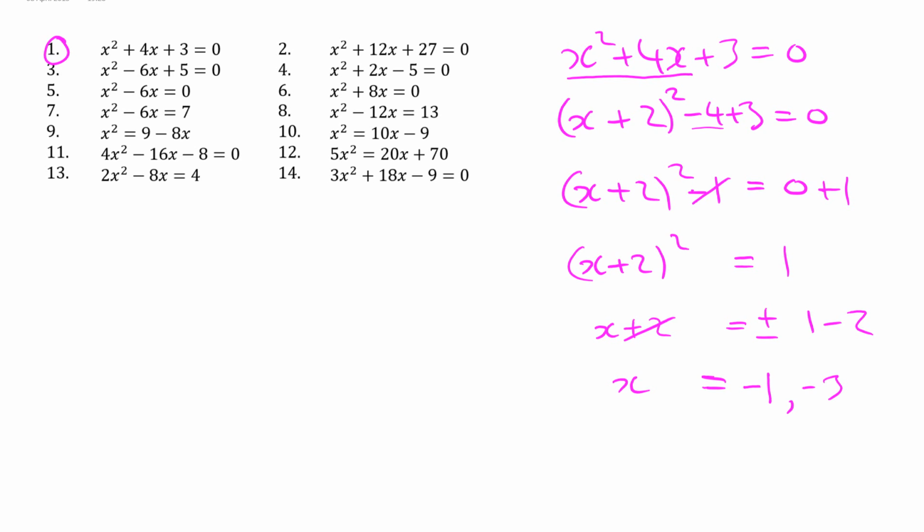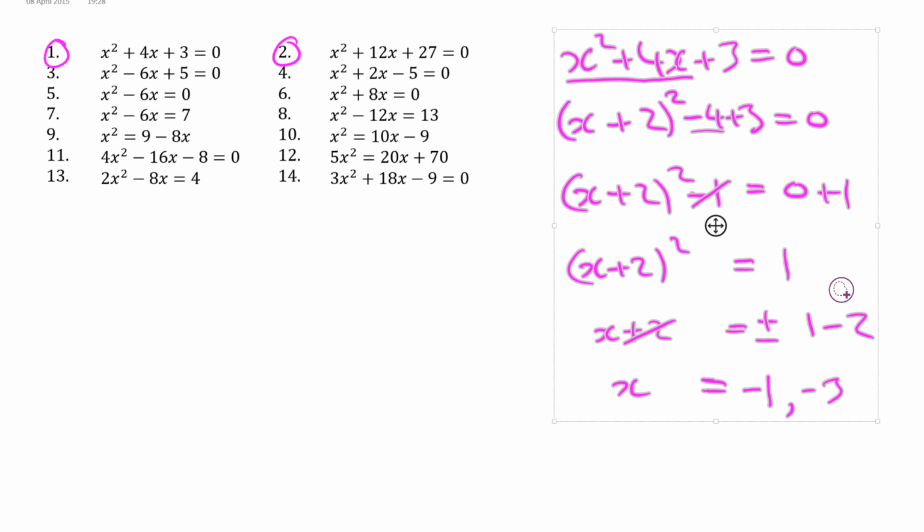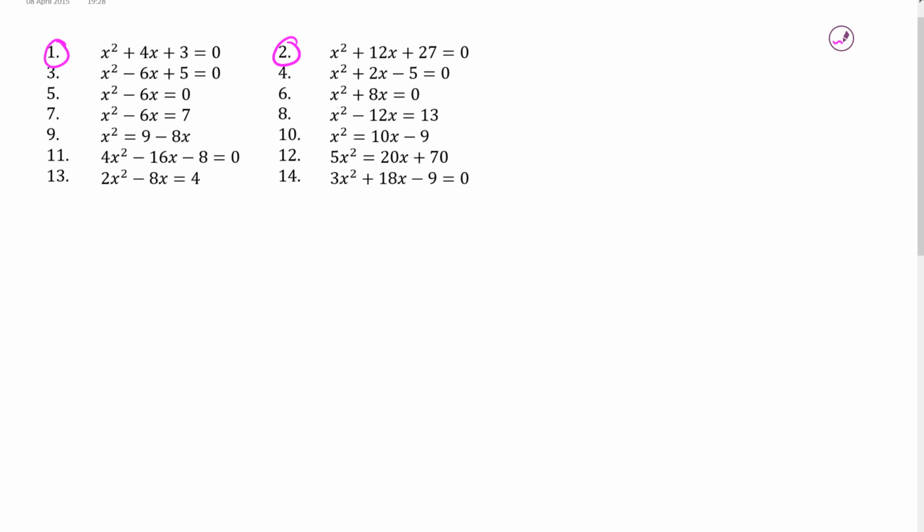Might as well do another one. So question 2. Should I do it myself or would you need to get them? Since you asked, let's do it together. Let's do it on the spot. So I'll write the question down: x squared plus 12x plus 27 equals 0.